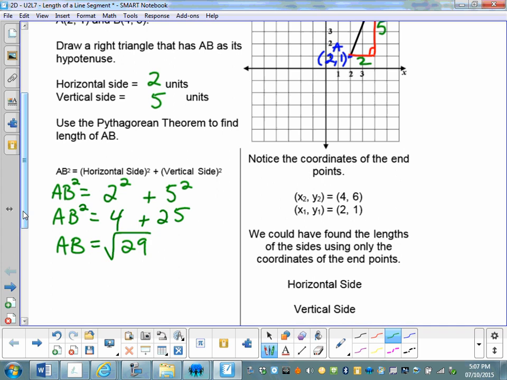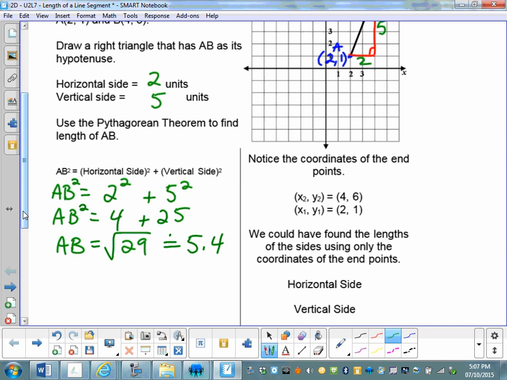So I add the 4 and 25 together, and then I need to know what AB is equal to. So AB, because it's squared, the squared goes to the other side and takes the square root. And if we wanted to round that off to 1 decimal place, we get 5.4.